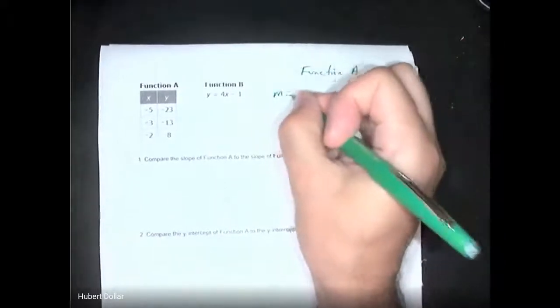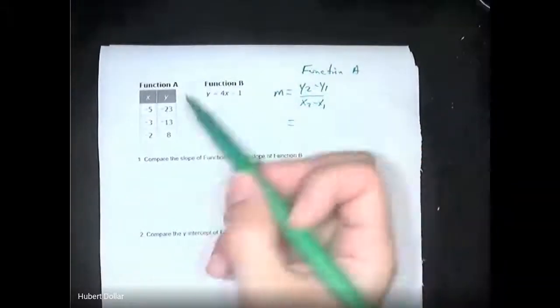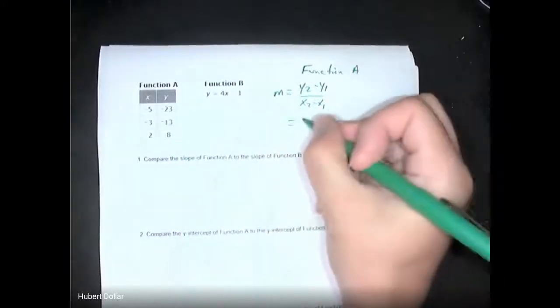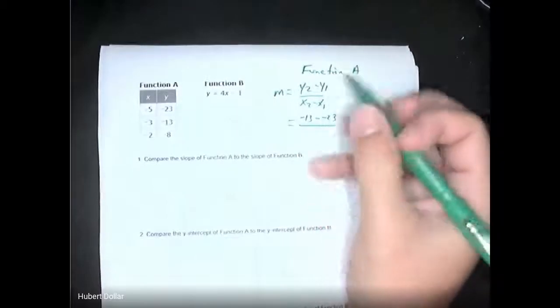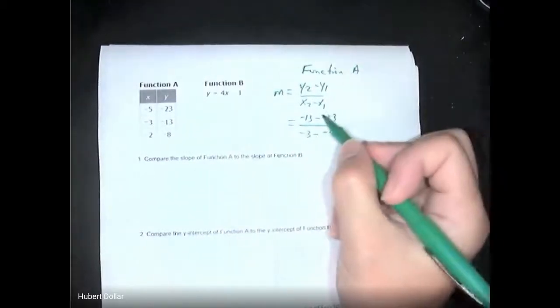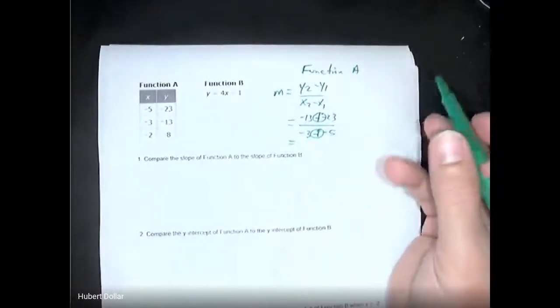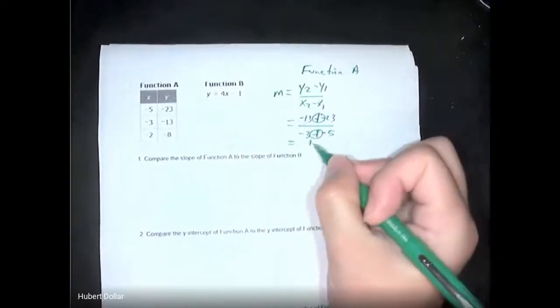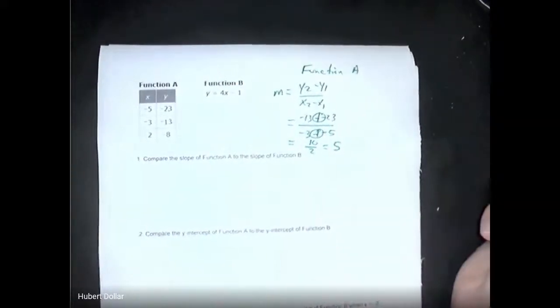We'll find the slope using the slope formula, y2 minus y1 over x2 minus x1. Just as before, choose any one you want. I'm going to choose -13 minus -23. And because I chose -13, I have to choose -3, minus, because I chose -23, I have to choose -5. Double negatives make positives. So I have a +10 over a +2, which is 5.